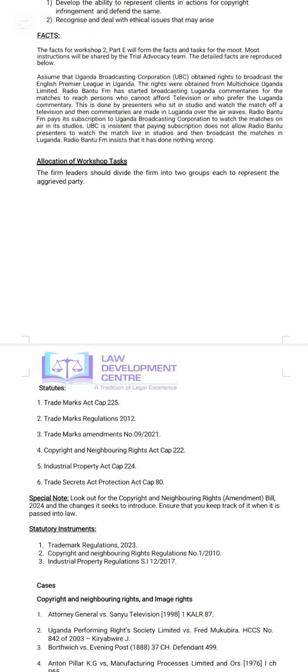This is done by a presenter who sits in the studio and watches the match off the television, and the commentaries are made in Uganda over their airwaves. Radio Band FM pays no subscription to UBC to watch the matches on air. UBC, instead of being paid a subscription, does not allow Radio Band to watch the matches live in Uganda. Radio Band insists that it has done nothing wrong.